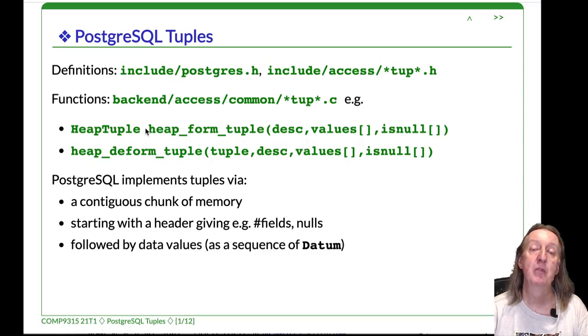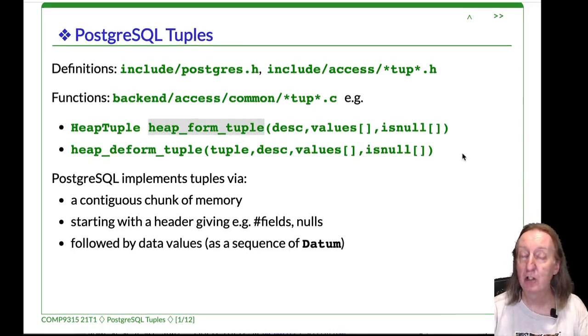One very important one, heap form tuple, essentially corresponds to what I call MK tuple, make tuple, in one of the other videos. It has a number of pieces of information, so it's got a descriptor which tells you information about all of the different attributes.